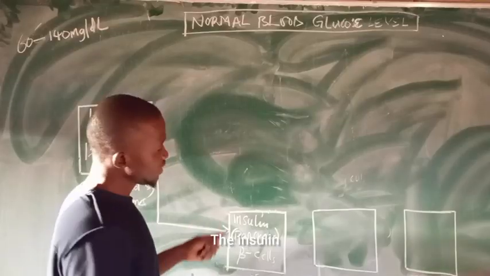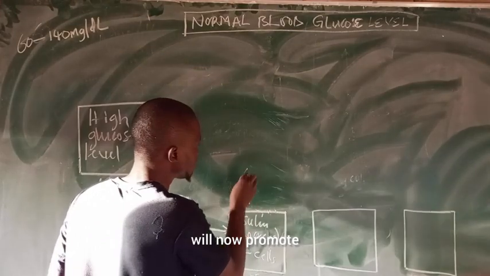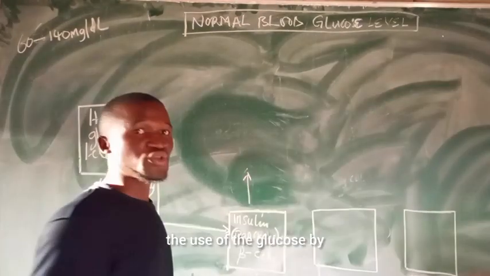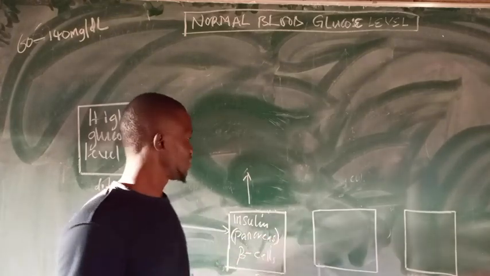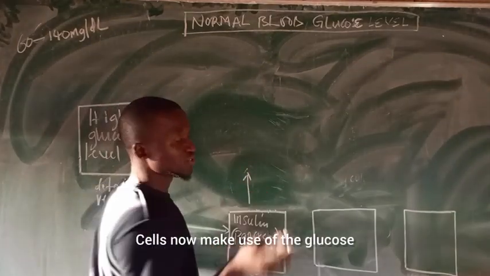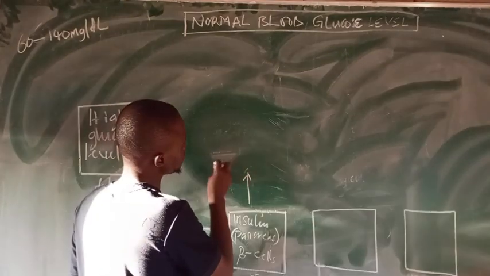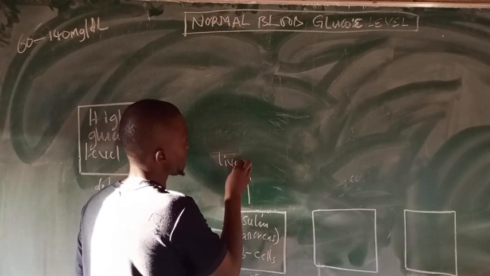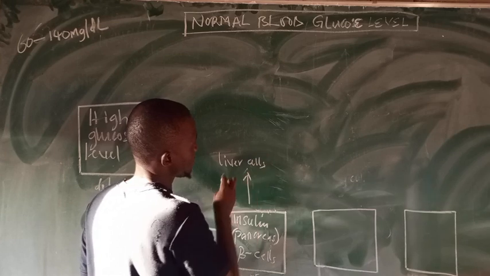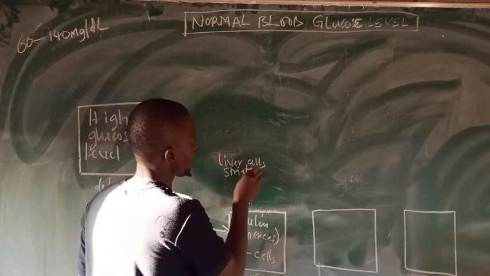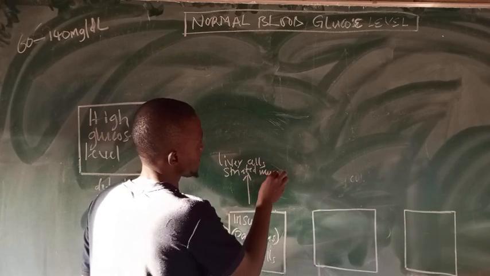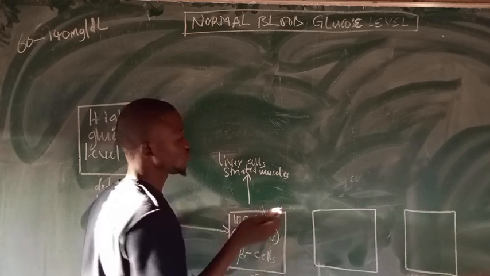Now the insulin will promote the use of the glucose by the cells. Cells now make use of the glucose. We have liver cells, striated muscle cells, and so on and so forth.